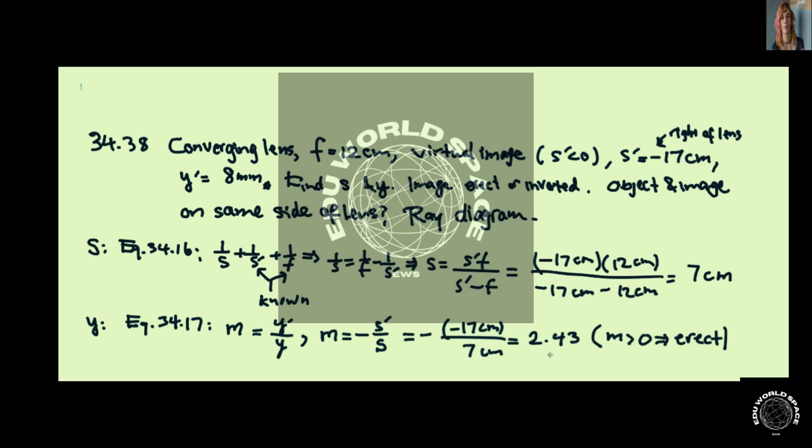Okay, so we know m. Now we can use this portion of the equation if I rearrange a little bit. If I multiply both sides by y and then divide by m, then I have y is equal to y prime over m. Y prime I know. Y prime is 8 millimeters.